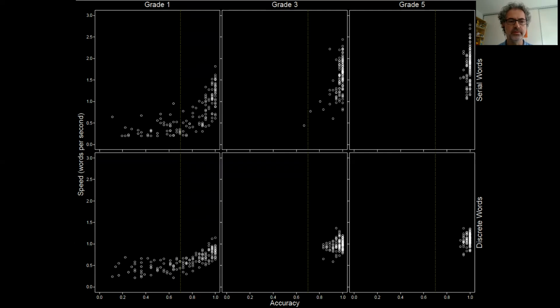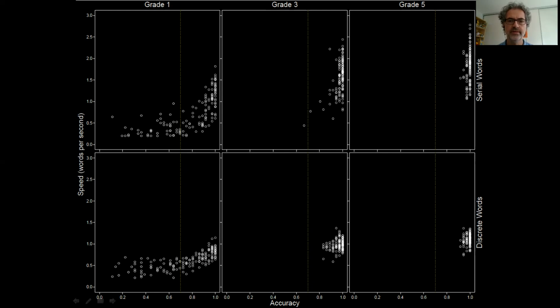Let's start with the lower left panel. These are data from the English language because that makes it easier to see the trends, because English is difficult enough that children are not very accurate for a while. But exactly the same pattern is obtained in other languages where it has been measured, except the accuracies are higher.